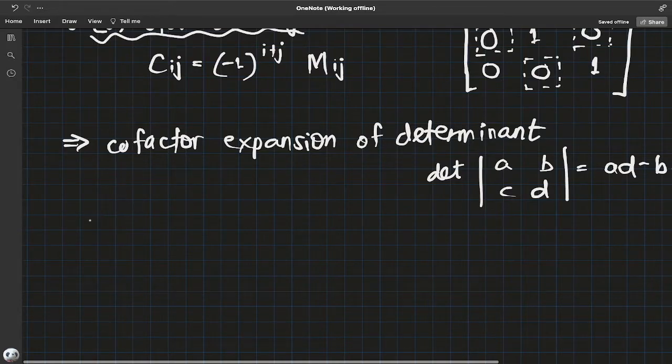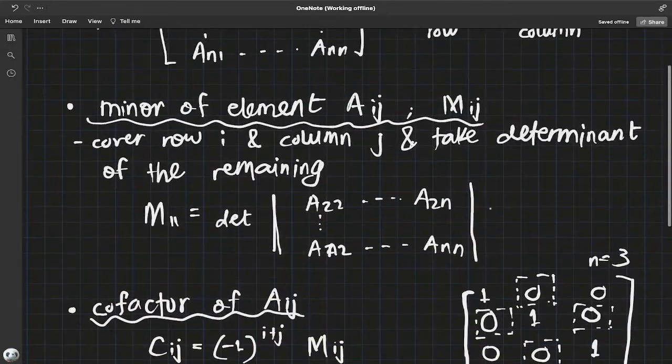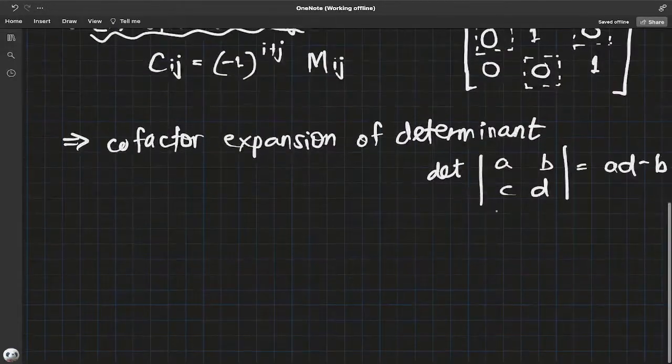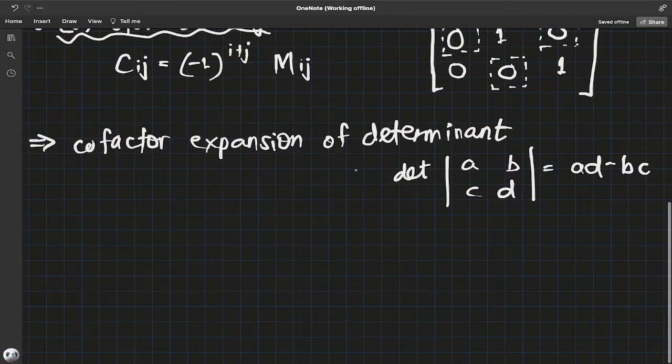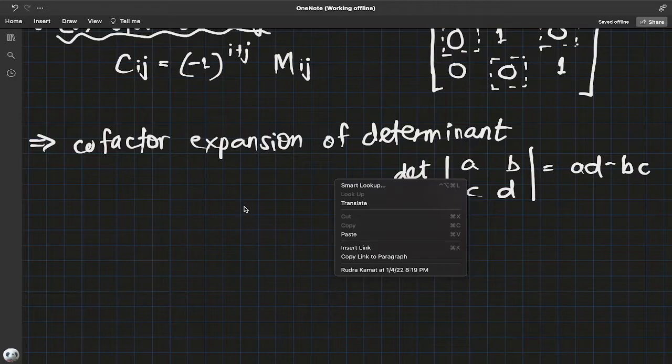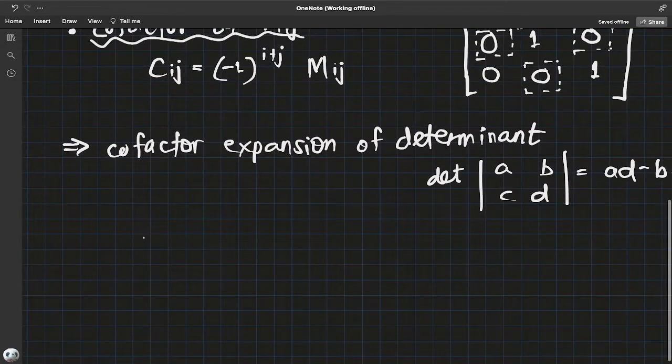But there shouldn't be really much problem with the circularity of this thing, because I'm gonna use the 2x2 determinant as sort of a base case, and then everything else will recursively build on top of this base case based on the formula that I'm about to give.